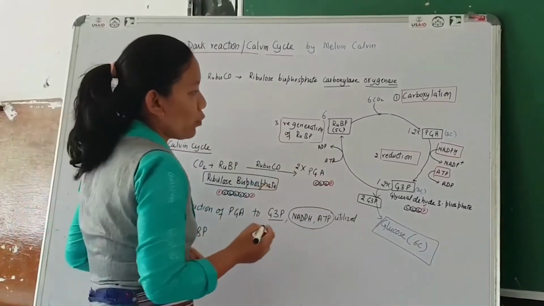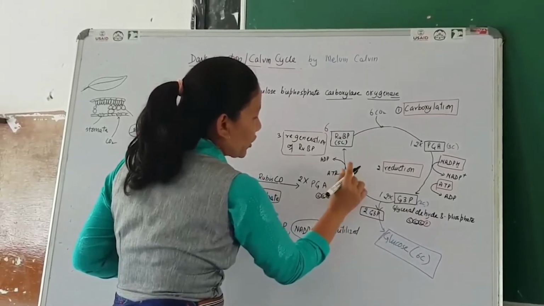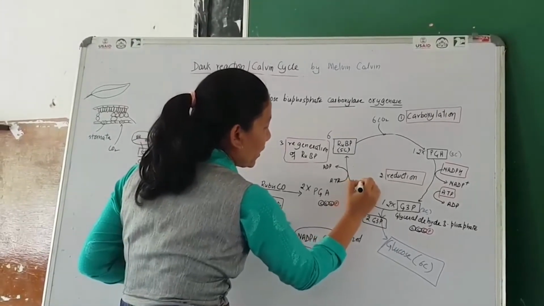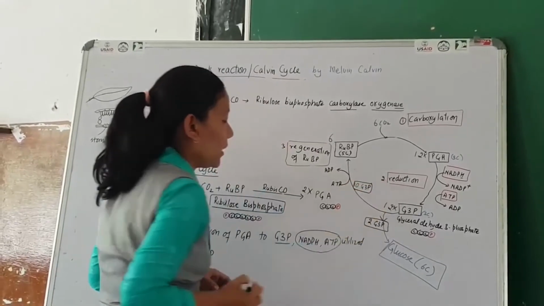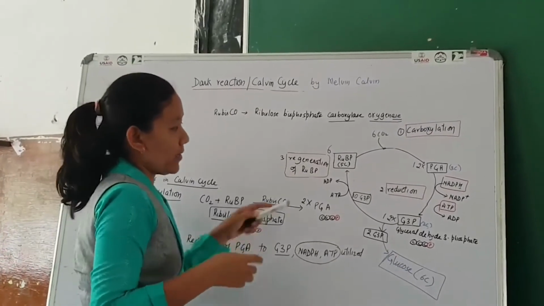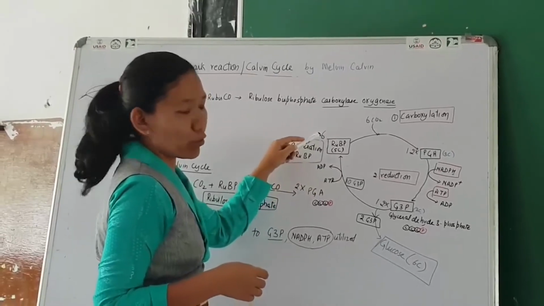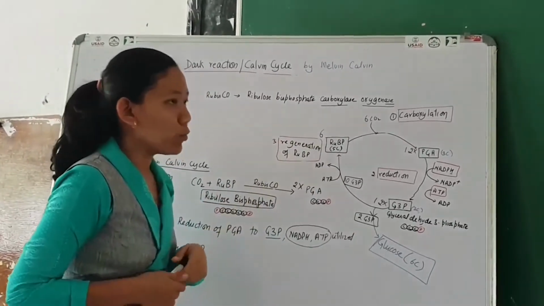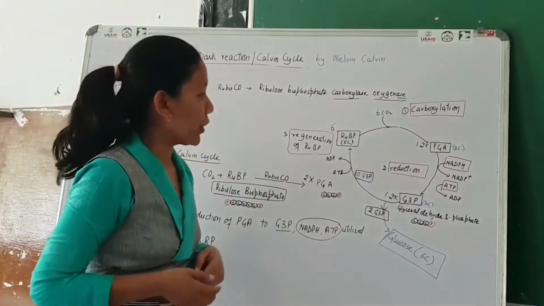Now we are left with 10 molecules of G3P. And these 10 molecules of G3P, by utilizing energy, that is ATP, regenerate 6 molecules of RuBP, which are available to continue the Calvin cycle.